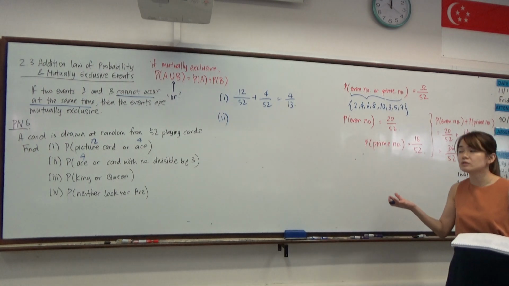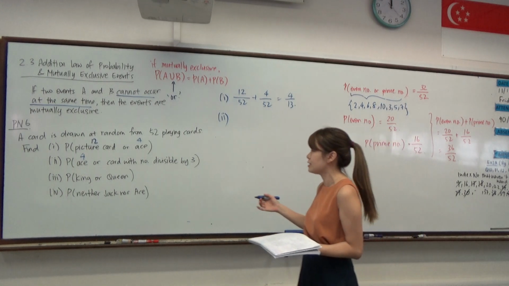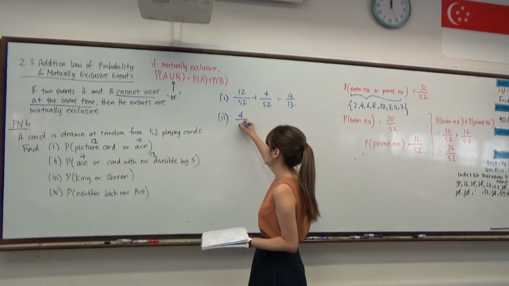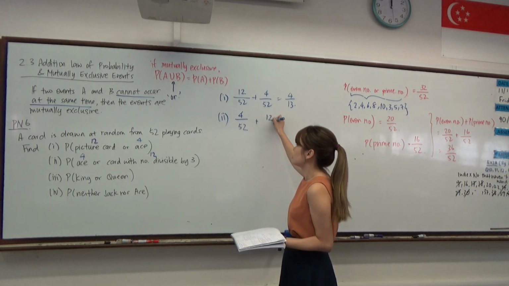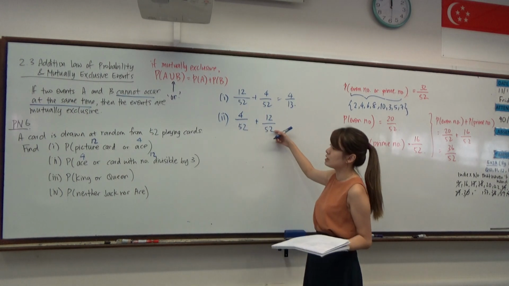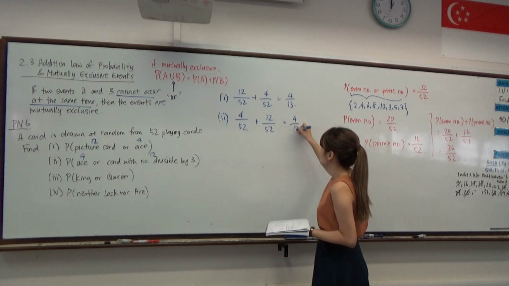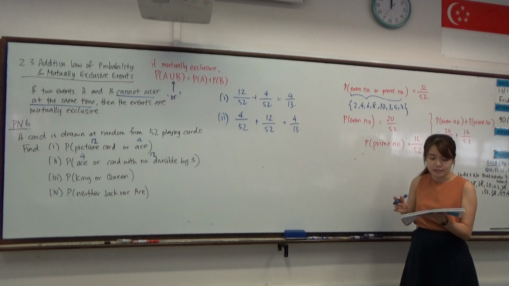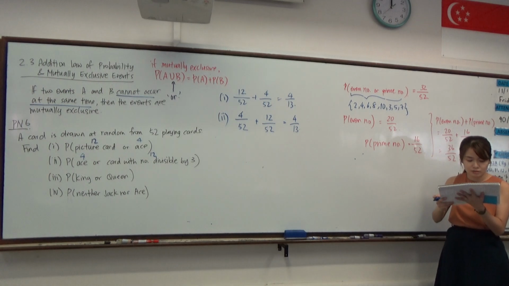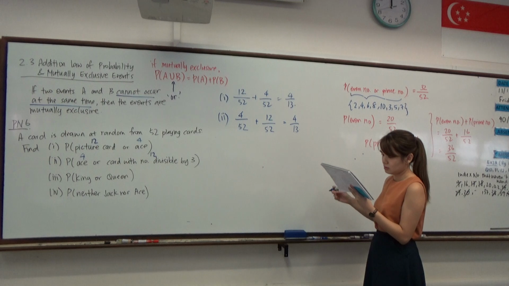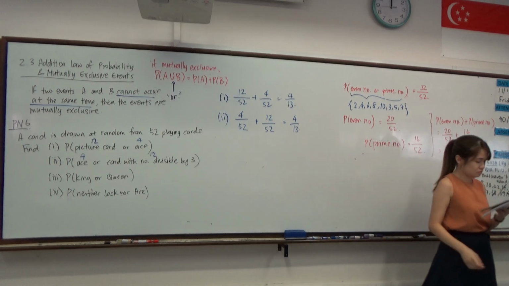Only 3, 6, 9, so 3 times 4, so that would be 12 cards, right? Okay, so the probability will be considering the ace plus 12 over 52, number divisible by 3. So we will get 4 over 13 as well. Right?